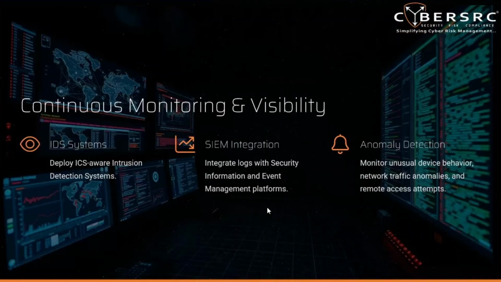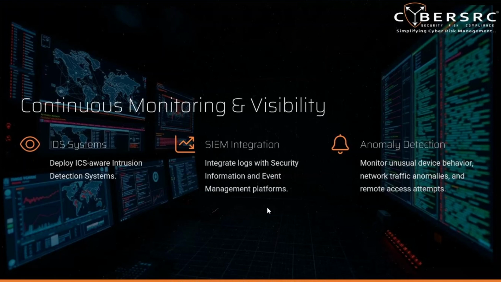Continuous monitoring and visibility. Now, monitoring plays an important role in any kind of infrastructure. Here, we can employ an IDS to deploy ICS intrusion detection in the network to ensure that the ICS devices stay safe from any kind of malicious functions or malicious access attempts.